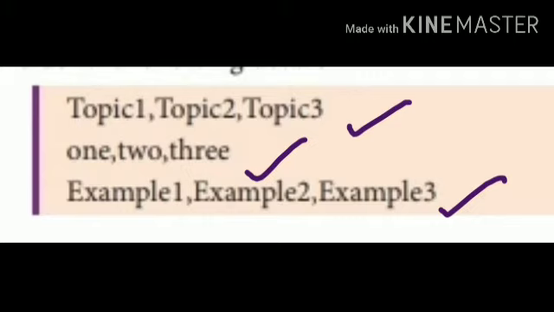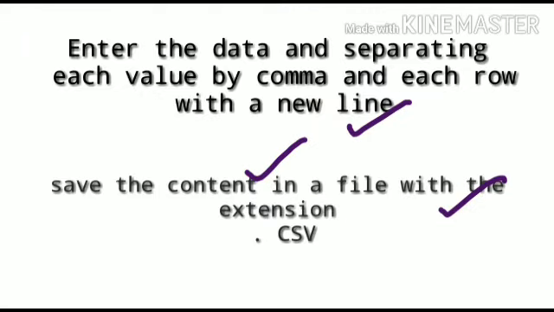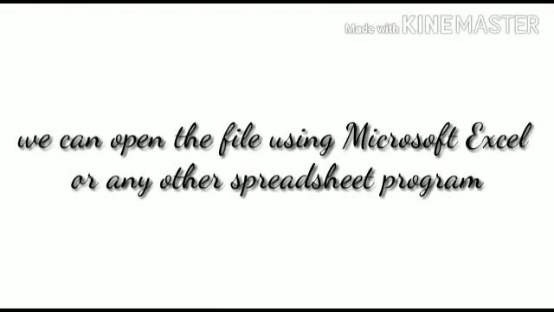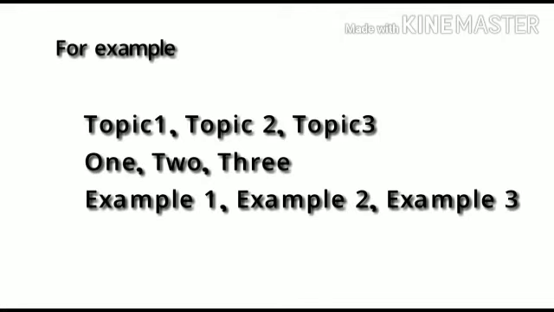This document is typed in the Notepad application. Then save the document using the extension .csv. You give the file name, then give the extension csv, and then open this file in Excel or any spreadsheet application or database application.